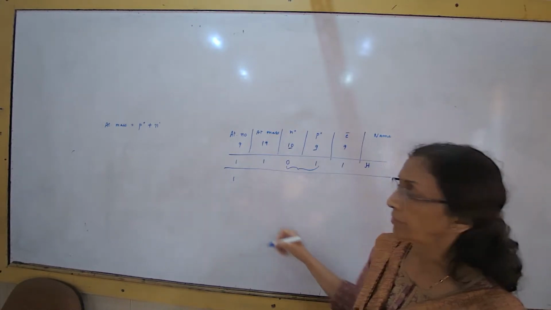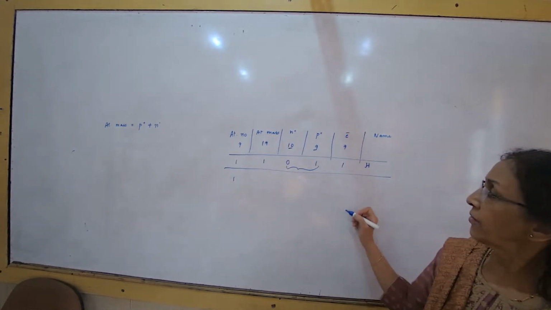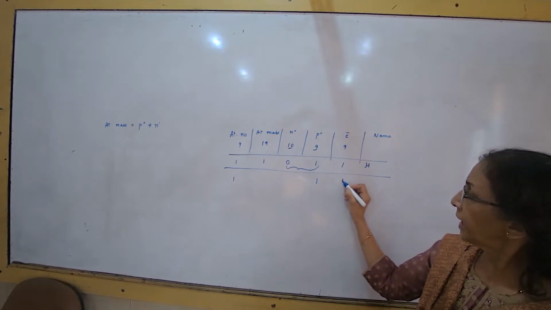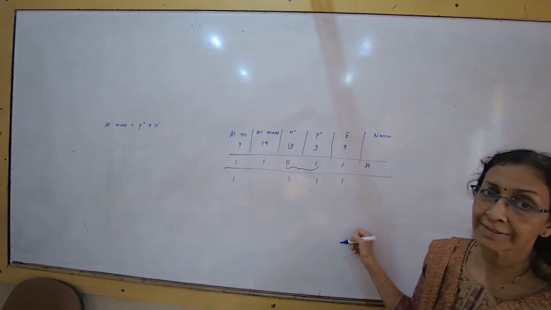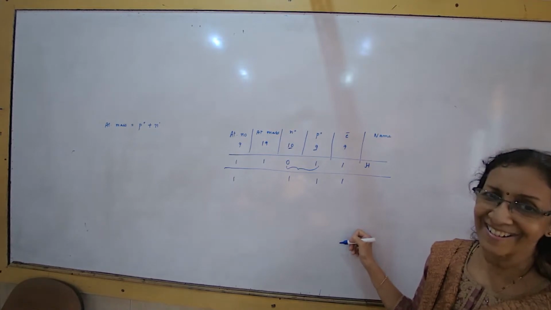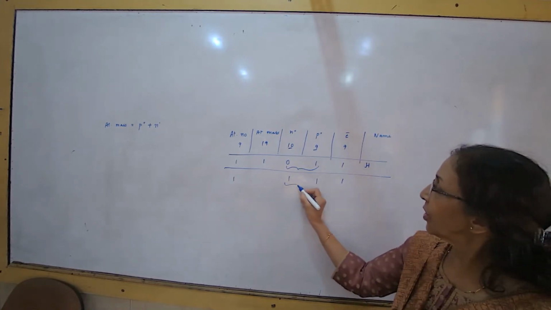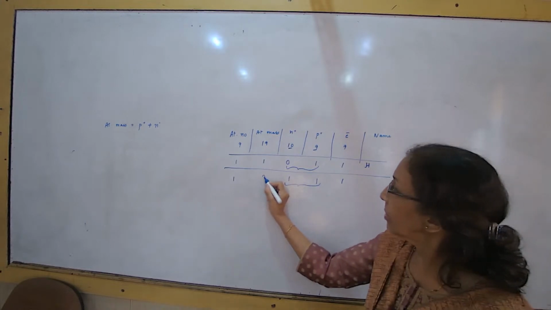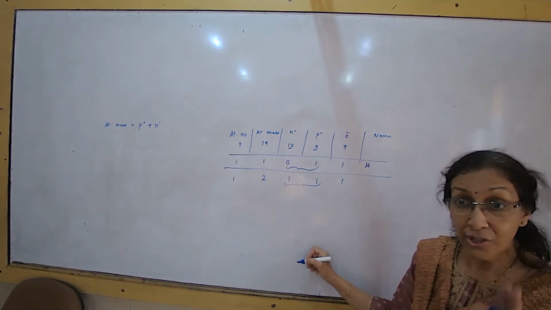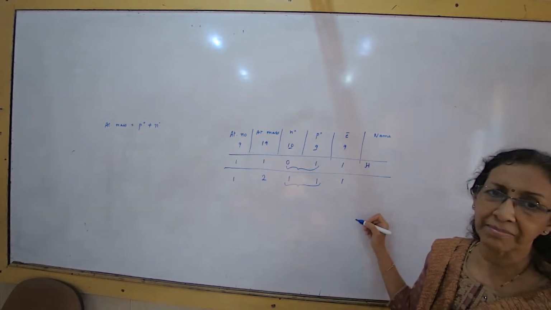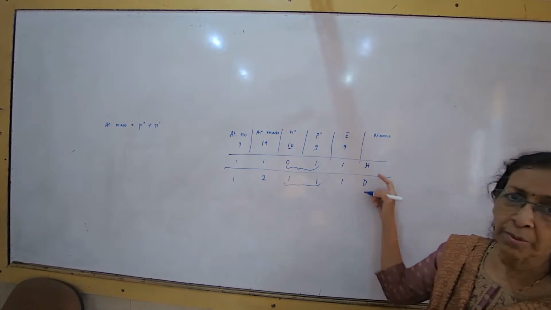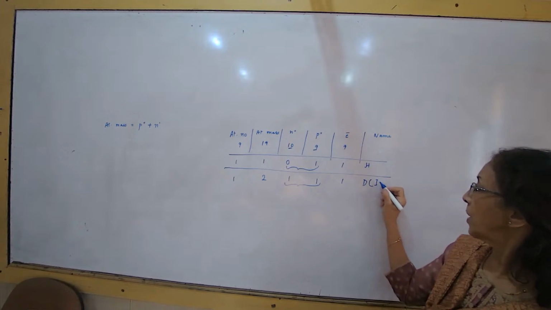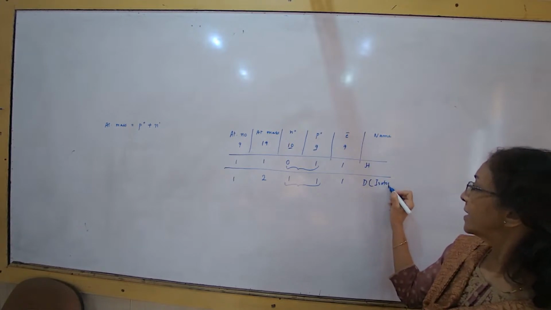Atomic number is 1, so proton and electron will be 1. Suppose I say neutron is also 1, then atomic mass is 2. Exactly, 2. So with neutron and proton, atomic mass is 2, and if it is 2, it is deuterium. Deuterium is nothing but an isotope of hydrogen. So, ma'am, the above one is deuterium. Right? Yes.